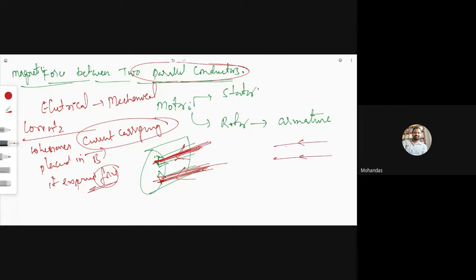Next, another one is if you take transformer winding, the primary winding, this is one conductor and this is another conductor. When the current is flowing through these conductors also, there is a force. These are some examples of parallel conductors.